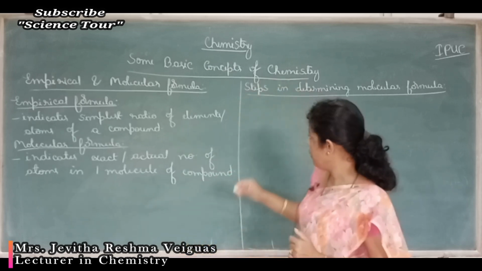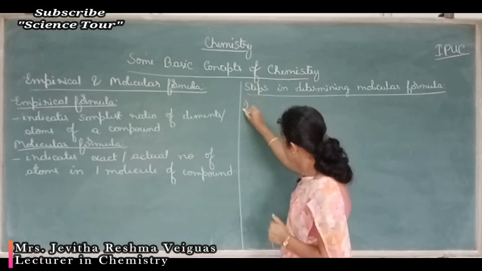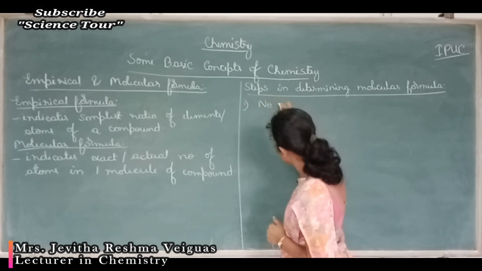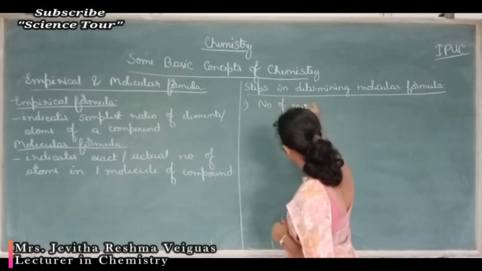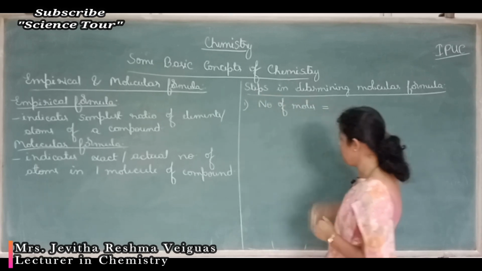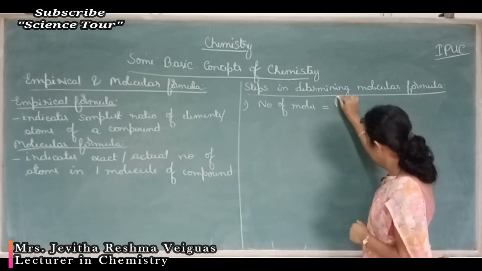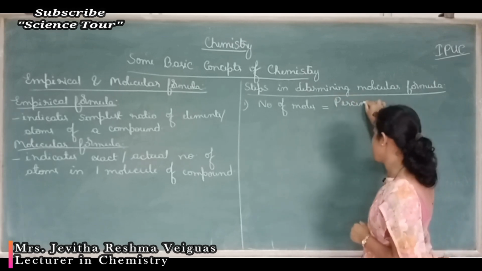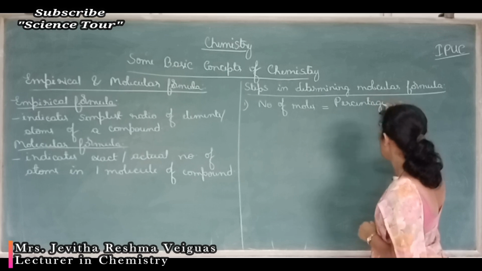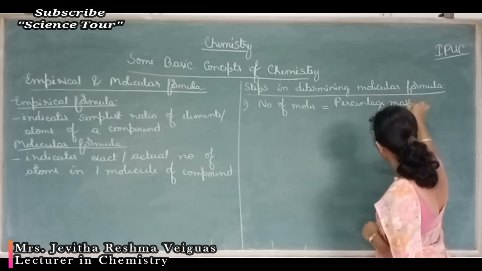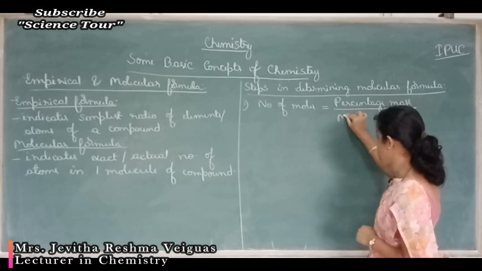So, first you will find the number of moles. The number of moles is calculated by dividing the percentage mass of the element by its molar mass.